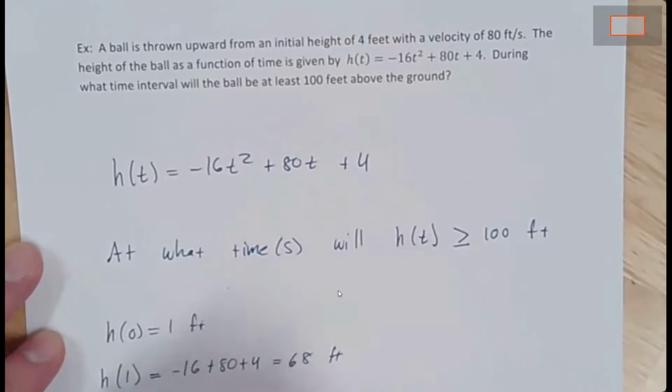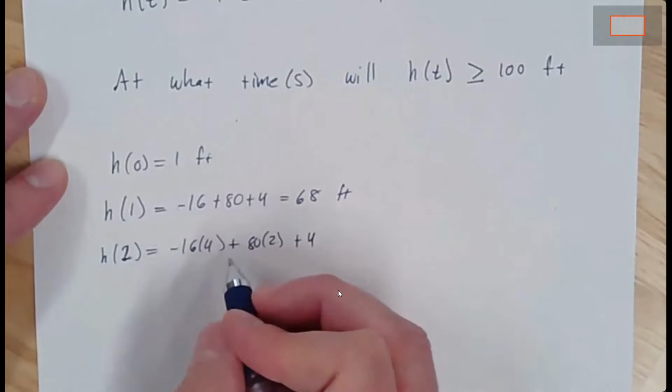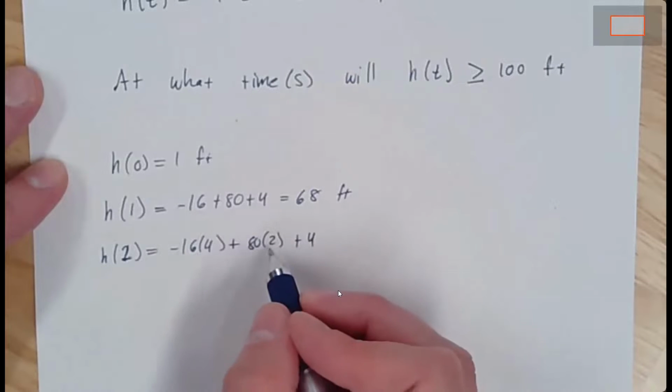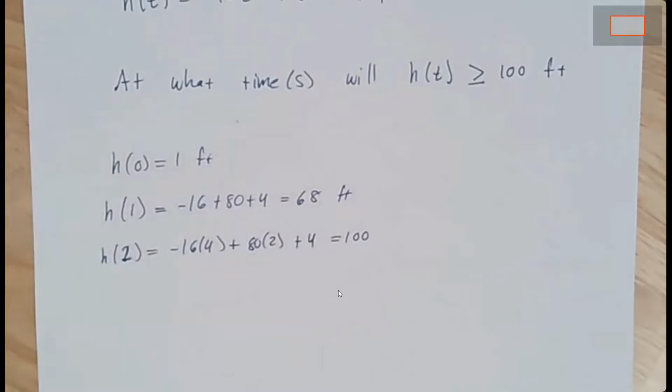And you could go on this way. The height of the ball after 2 seconds would be negative 16 times 4 plus 80 times 2 plus 4, which is negative 64 plus 160 plus 4, that's exactly 100. I got lucky there.